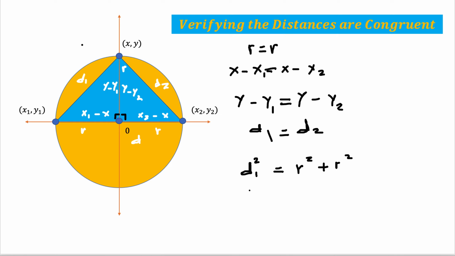In other words, if we write it in terms of the x and y coordinates, this is equal to (x minus x1) squared plus (y minus y1) squared.